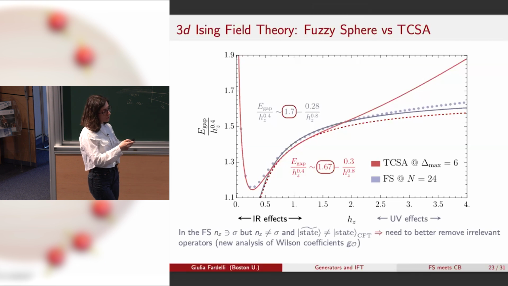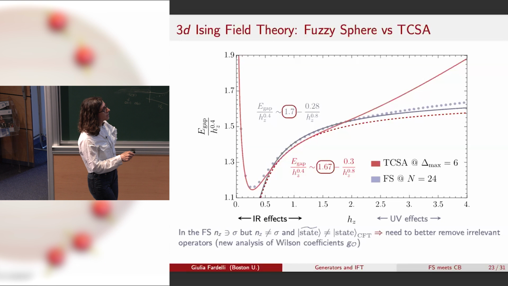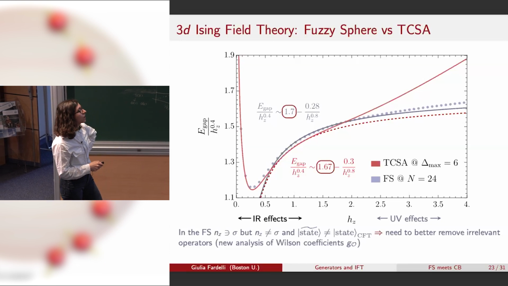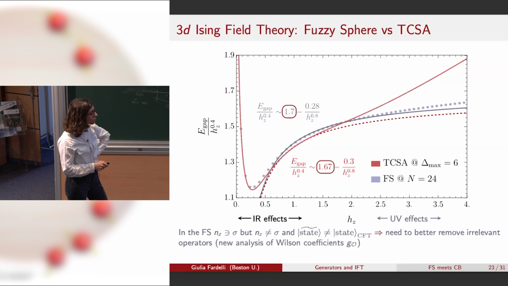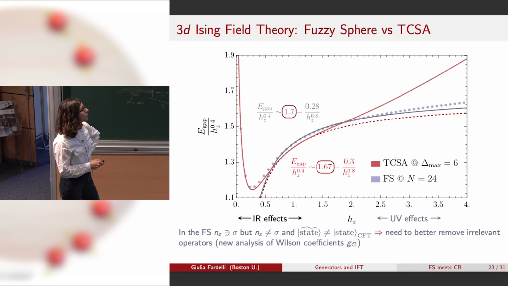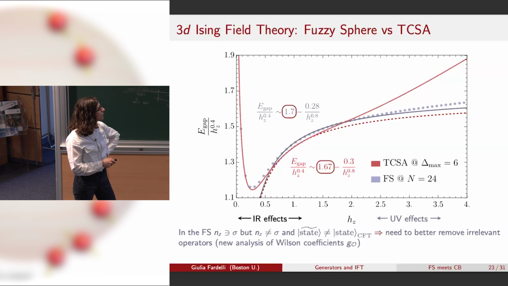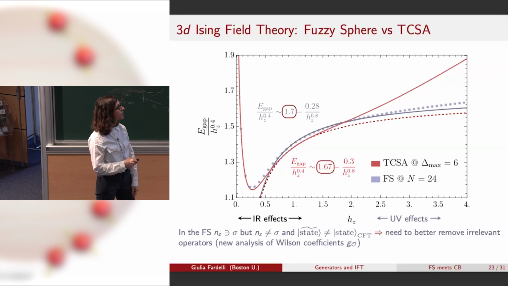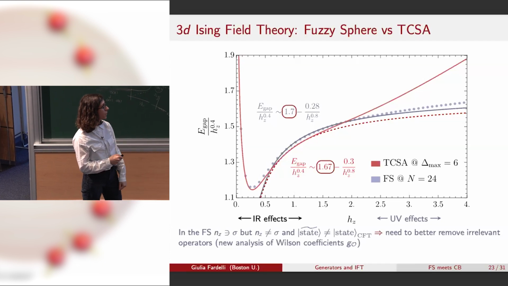So one of the things that makes it really hard to extend this region is the fact that the fuzzy sphere has lots of UV effects coming from different sources. One is that N_z is not exactly sigma, but it has pollution from descendants and other operators.